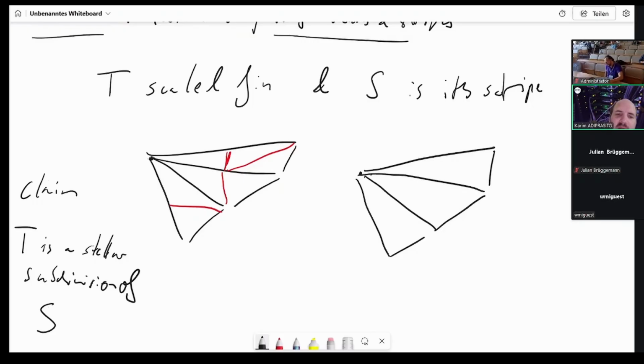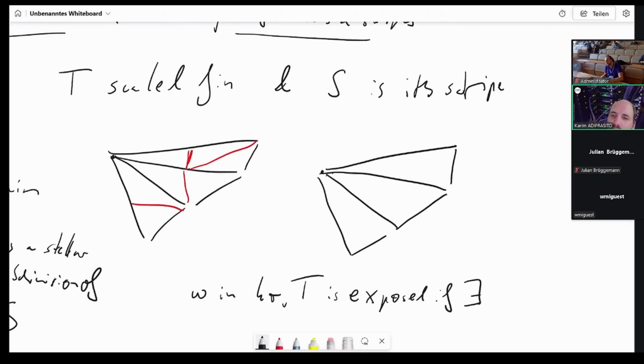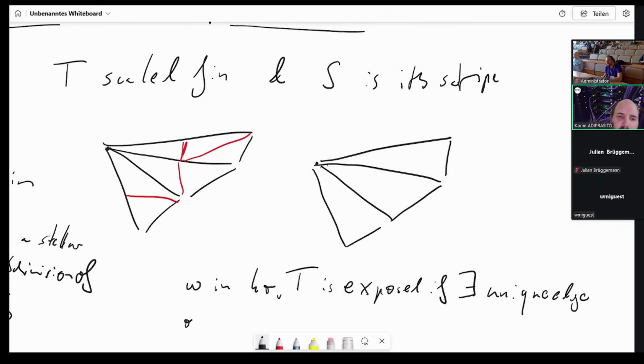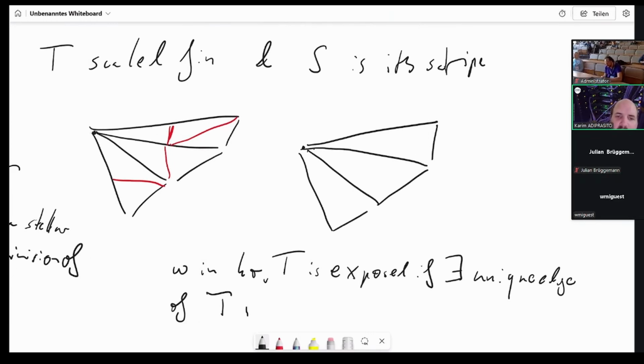So I want to say that a vertex W in the horizon is exposed if there exists a unique edge of T not in the horizon containing this vertex.